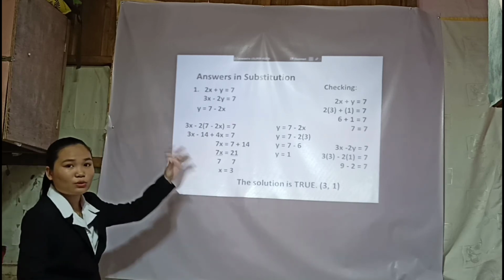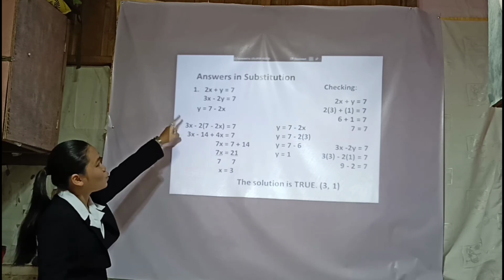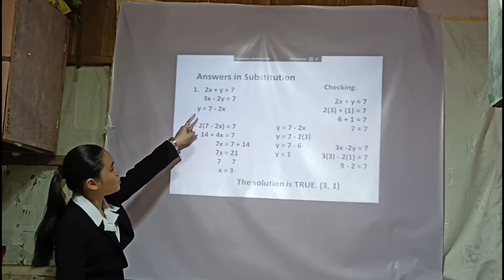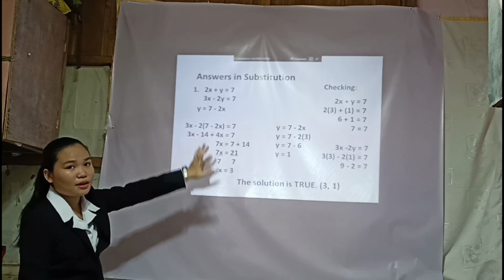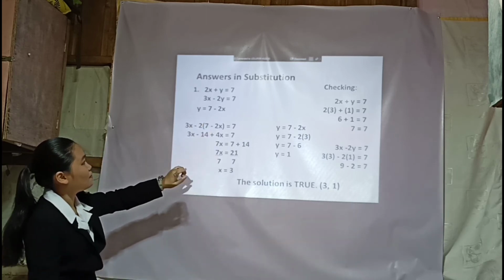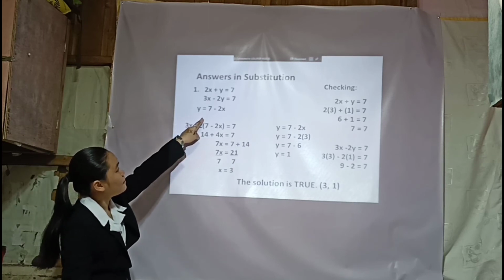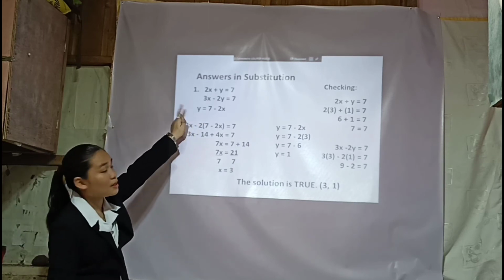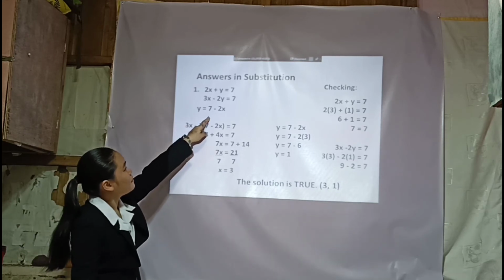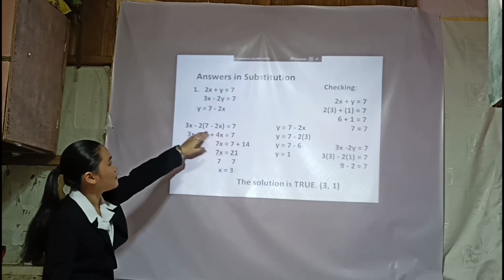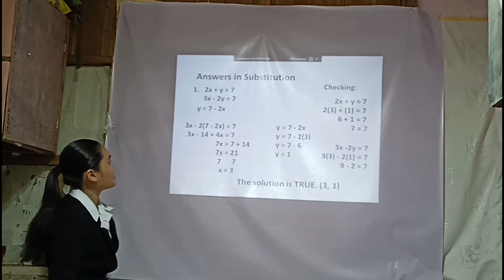So, for the substitution, number 1, 2x plus y equals 7 and 3x minus 2y equals 7. So, the first step is solve for y. Y equals 7 minus 2x. We are using the first equation, because 2x, we will transfer it to the other side. It becomes negative 2x.